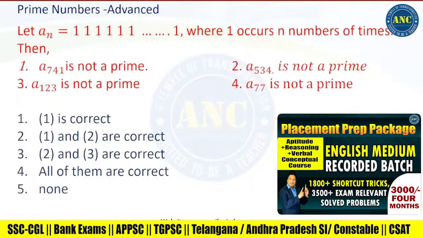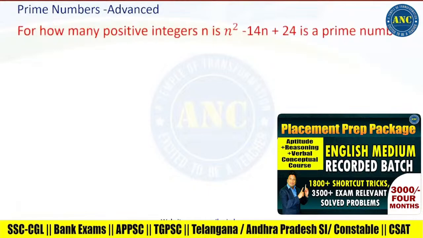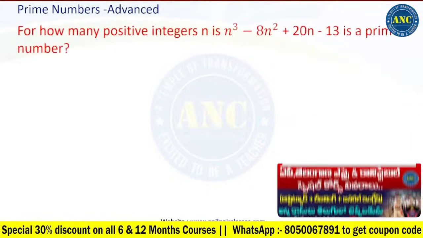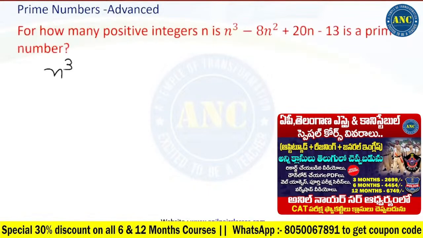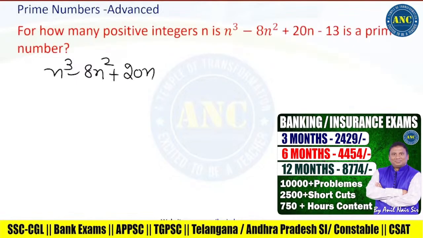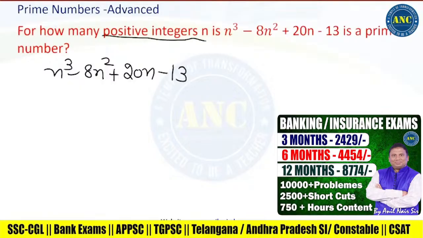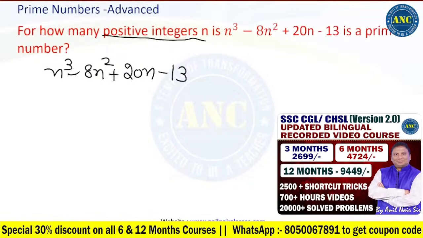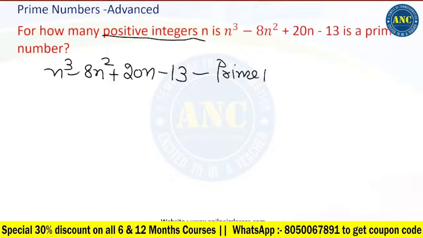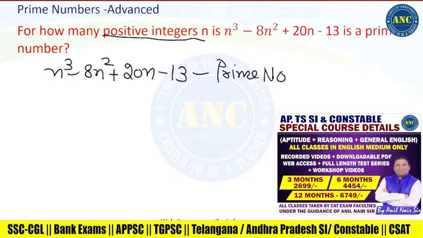Once you know all the models, this model we have already seen. This also we have seen in session number 2. N cube minus 8n square plus 20n minus 13: for how many positive integer values of n is this cubic expression a prime number?